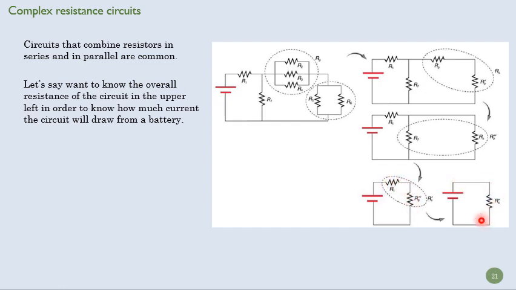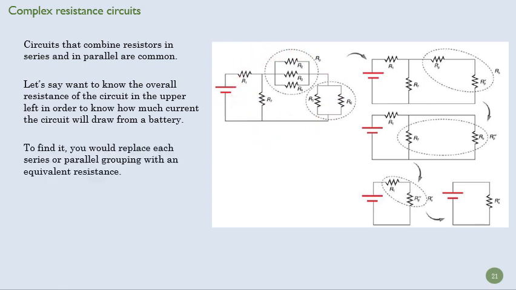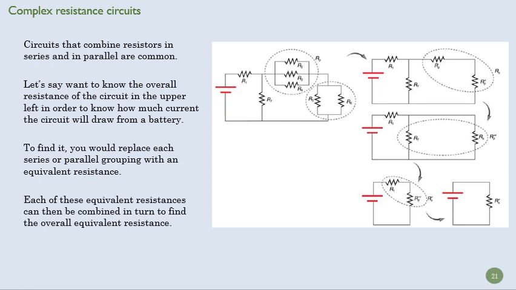And so we come up with an equivalent resistance. This is an equivalent resistance to all of these resistors arranged in that particular fashion. So we combine all of those equivalent resistances to find an overall equivalent resistance. And we'll do some examples of that in class. I think it's not as complicated as it sounds, but it takes a little practice.